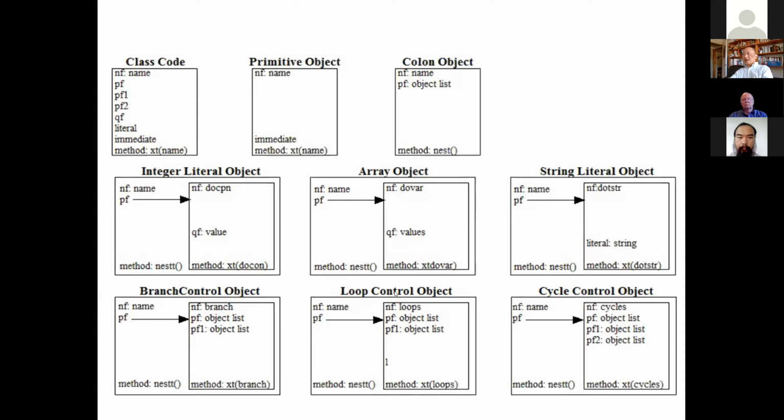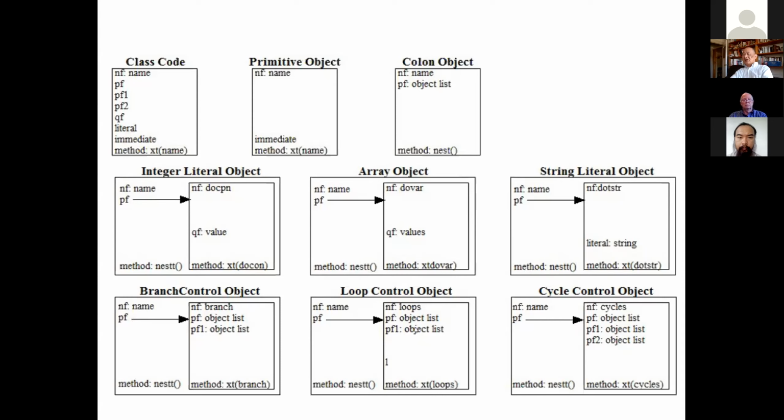If it is a loop control object, then inside this loop object are PF and PF1, two lists, the same as the branch. But of course, begin again and begin until have only one PF list. This is the list that you will repeat.